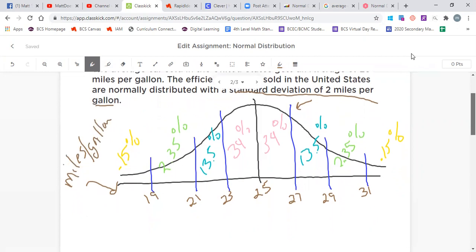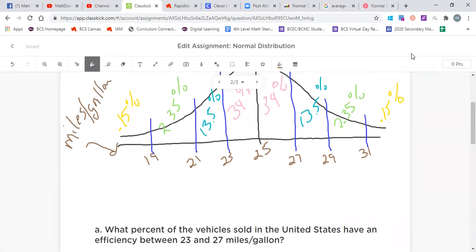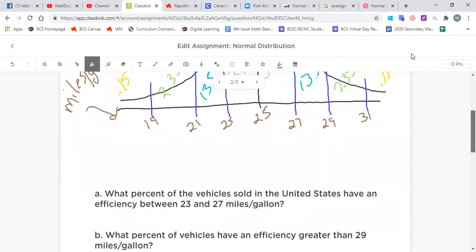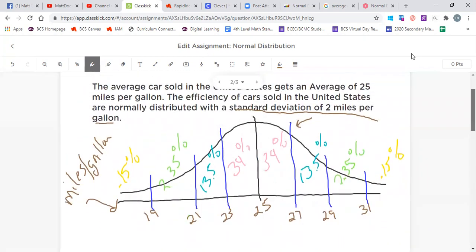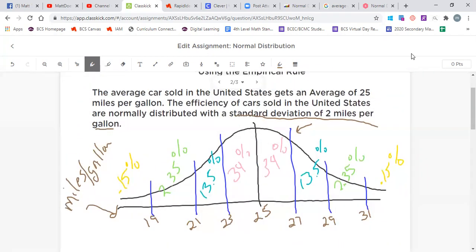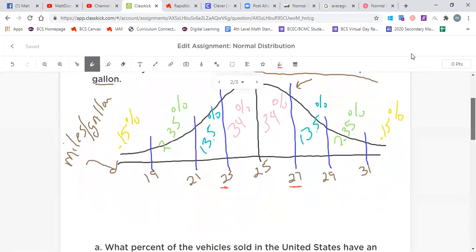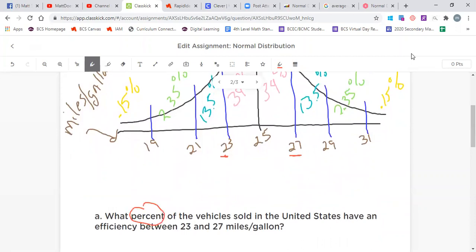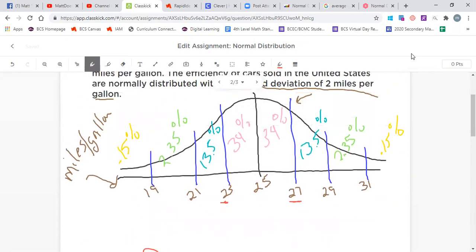Now let's go ahead and answer a couple questions off of it. It says, what percent of vehicles sold in the United States have an efficiency between 23 and 27 miles per gallon? Well, we can go up here to the normal distribution and look for 23 miles per gallon and 27 miles per gallon. We're looking for the percent between 23 and 27, the percentages that fall between here.